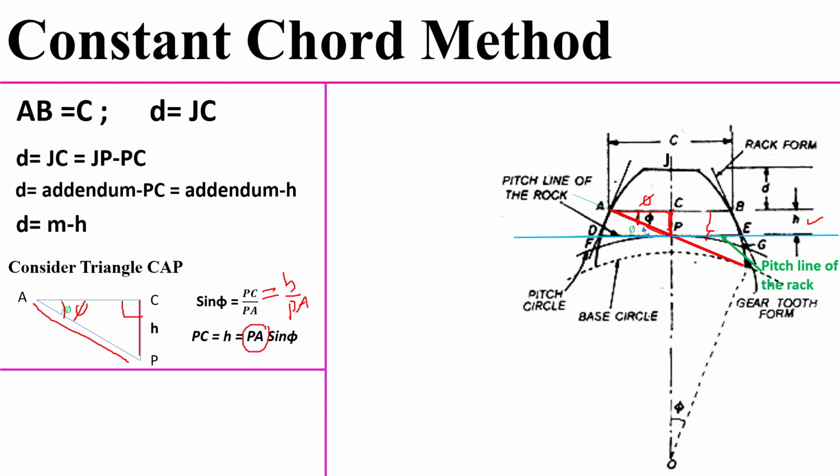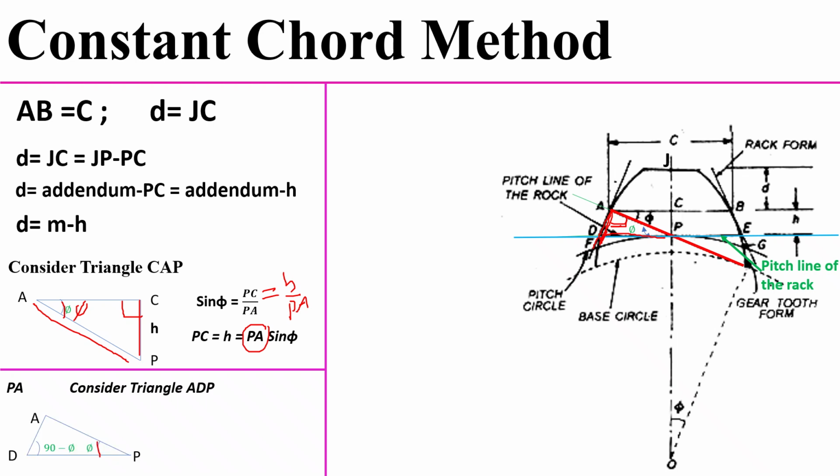For determination of the PA value, once again you have to consider another right angle triangle, that is ADP. So this is another right angle triangle, A, D and P. From this right angle triangle, once again we redraw here.